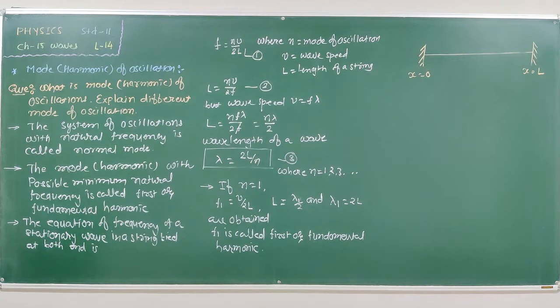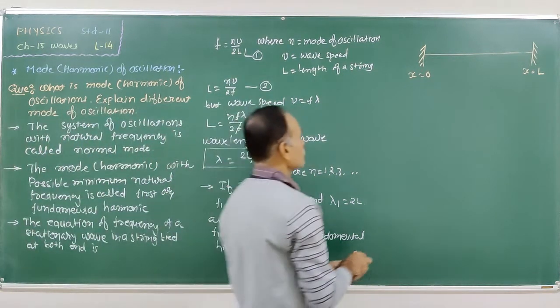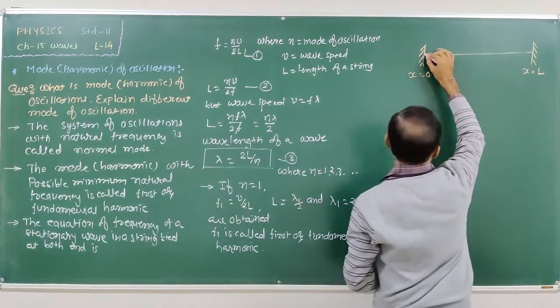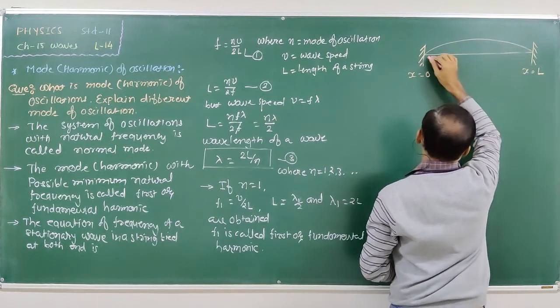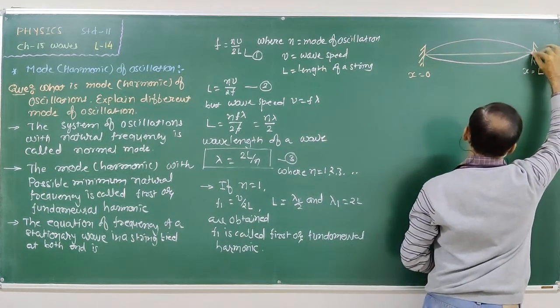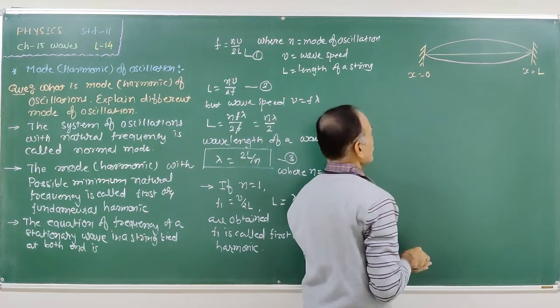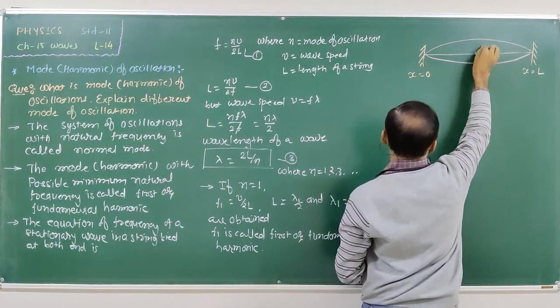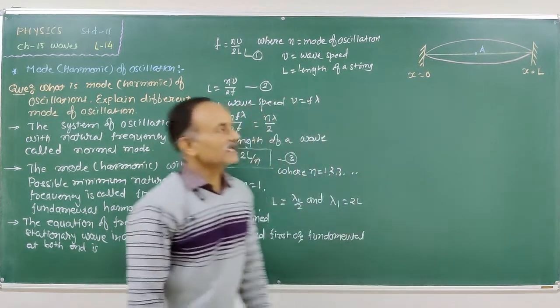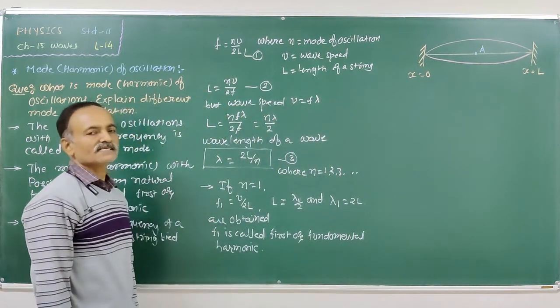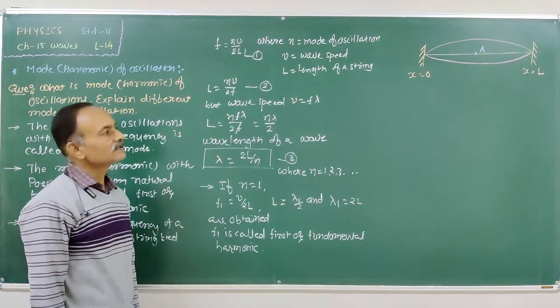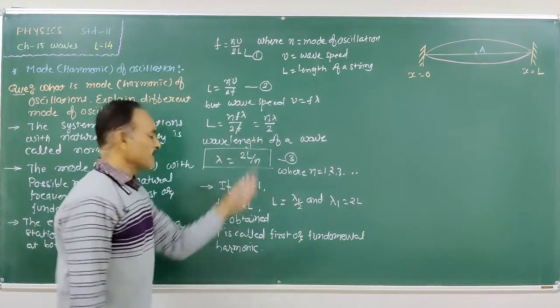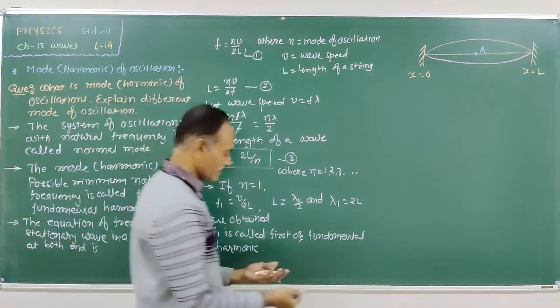The oscillation of the string is produced like this. Now the center point is our antinode, the point at which the amplitude is maximum is known as the antinode. So that is the fundamental mode of oscillation.